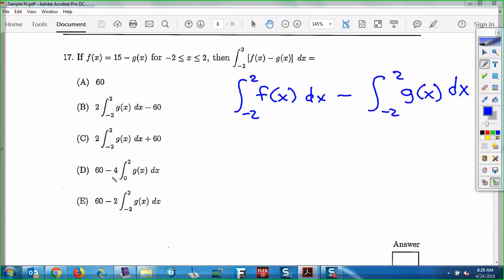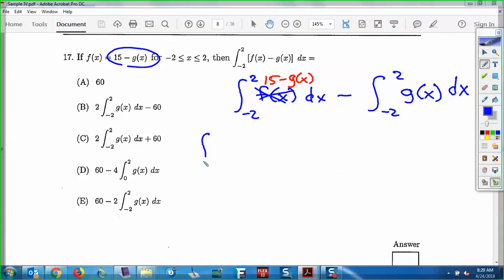Now here's where, doing multiple choice, you look at your answer choices and you see what they look like. You see they have g of x integrals in them. So what do I want to do? Well, I'll probably just leave that alone. But what about this? Substitute that. So now in place of that, I'm going to put 15 minus g of x and then do what with that?